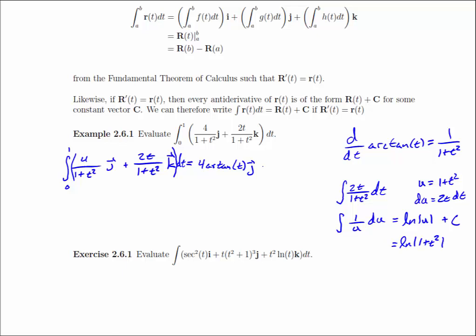I do not want to put the natural log of u here because these are not u values, these are t values. So I want to keep everything in context of t over in this part. So natural log of 1 plus t squared, and all of this we are now evaluating from 0 to 1. So if I plug in 1 here, I have the arctangent of 1.